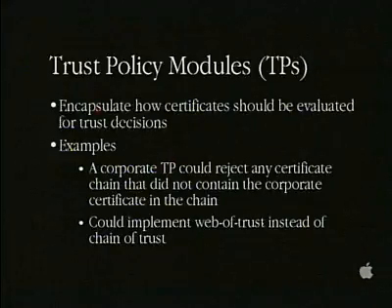And so the idea of a trust policy module is that you take the certificate that you're trying to decide whether you trust or not, and you take some additional evidence, which in the X509 case is usually the rest of the certificates in the certificate chain, pass that all into the trust policy module, and let it churn away and return the answer whether it's trusted or not, and if not, which certificates might not be right.